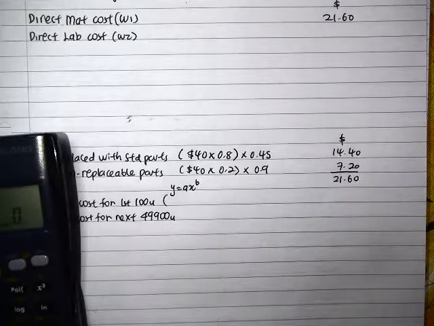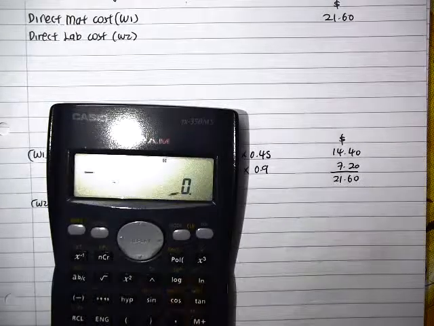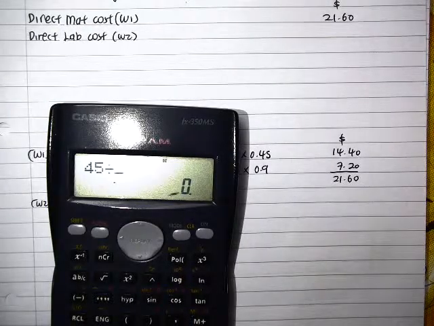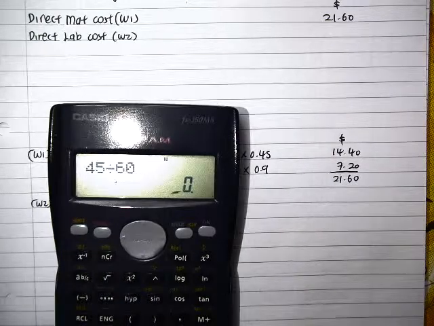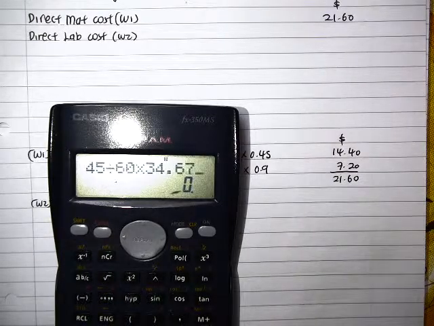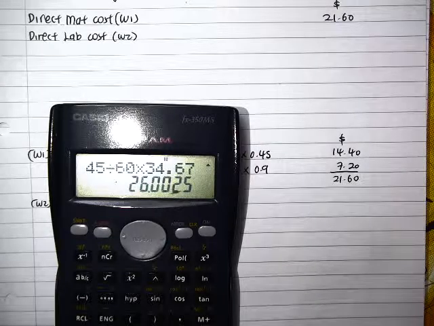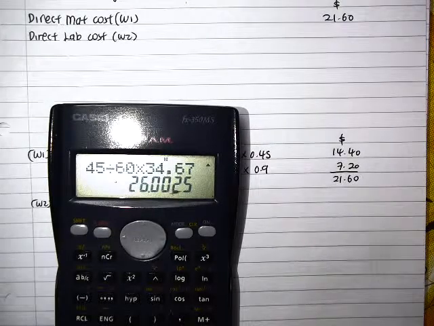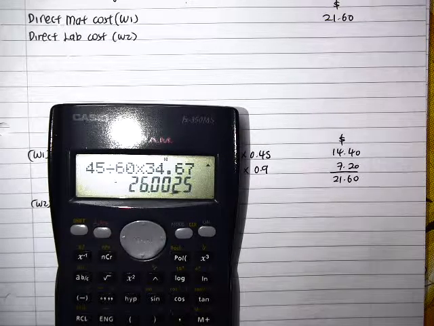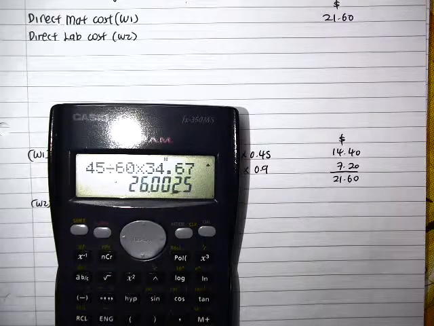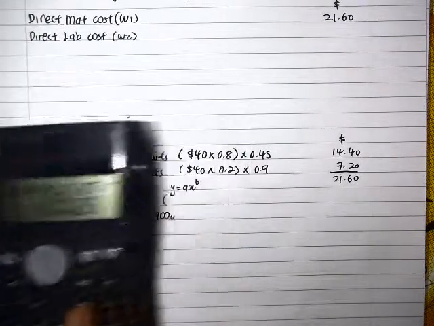Now they tell you 45 minutes, divide by 60 to get hours, times 34.67. So your rate is about $26 an hour.